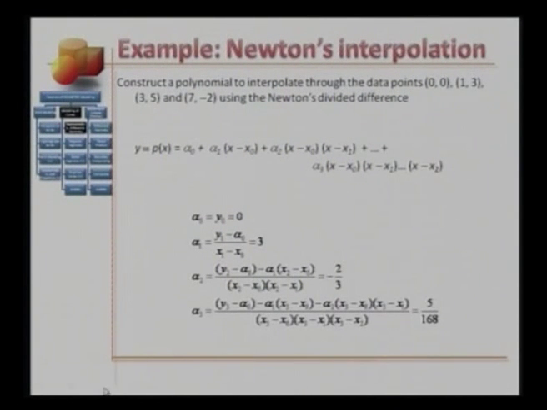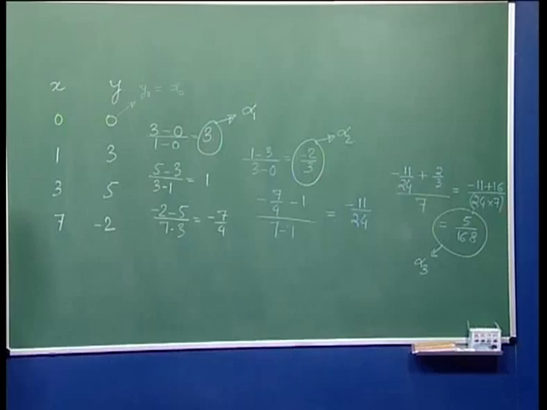And alpha 3, you can work out the algebra. Y3 minus alpha 0 minus alpha 1 times x3 minus x0 minus alpha 2 times x3 minus x0 times x3 minus x1 over x3 minus x0 times x3 minus x1 times x3 minus x2, which is 5 over 168. We have seen these values before.